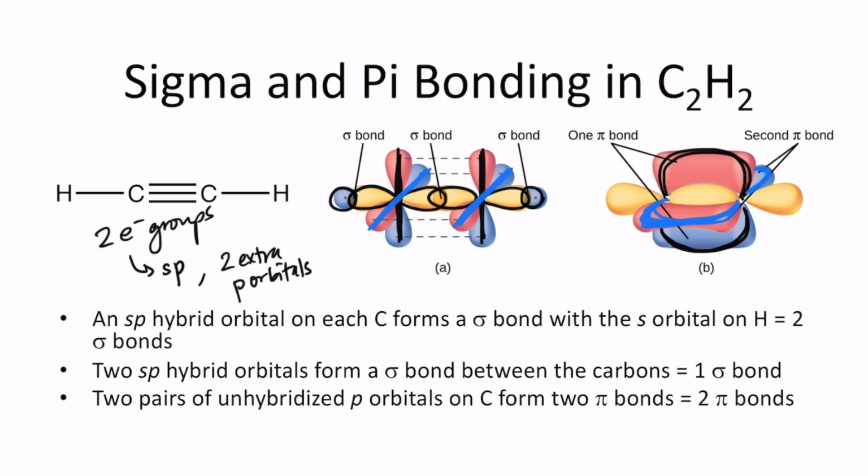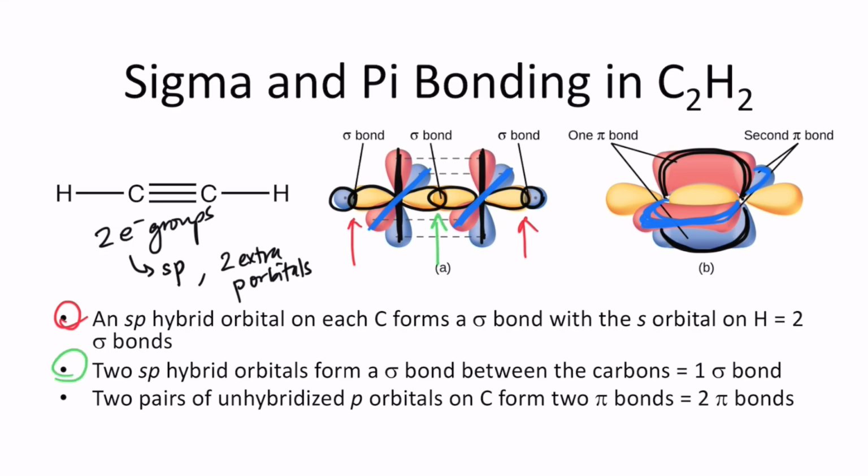So if we're describing the bonding here, we'd say an sp hybrid orbital on each carbon forms a sigma bond with the s orbital on hydrogen. Those are the ones on the outside. Second, we have 2 sp hybrid orbitals forming a sigma bond in between the carbons.